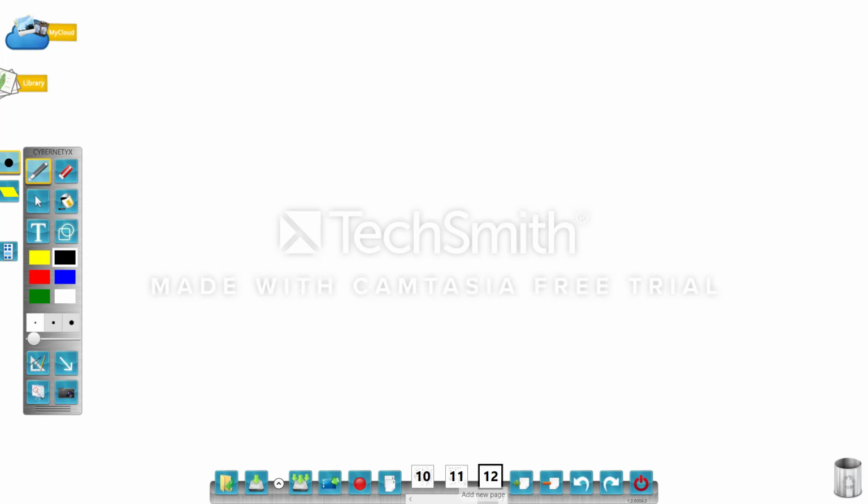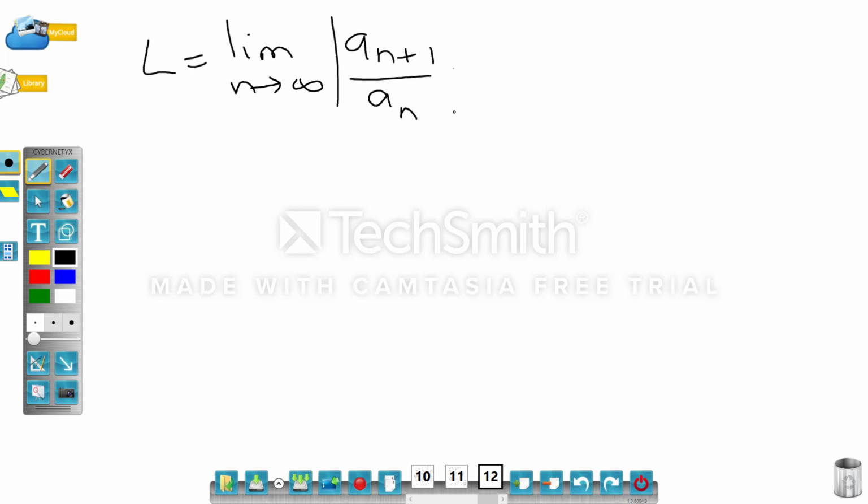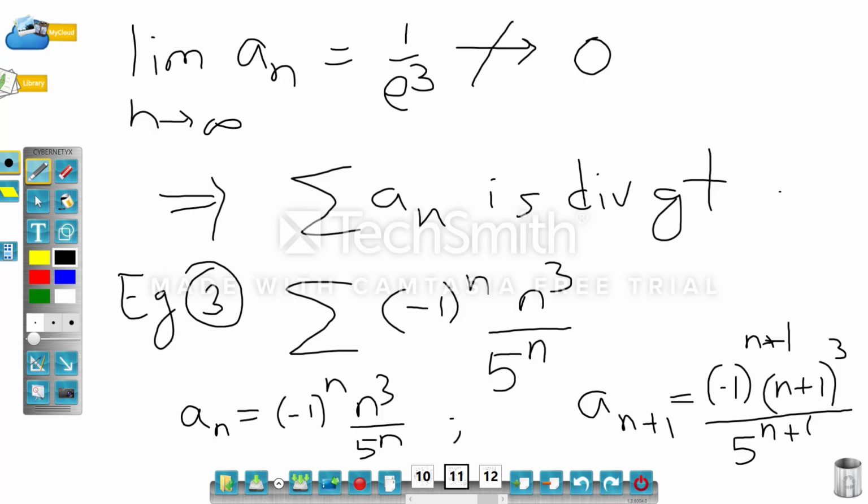Is it okay? So let's find out the limit L, which is equal to the limit as n goes to infinity of modulus of a_(n+1) upon a_n, which is the same as the limit as n goes to infinity of the modulus of (-1) raised to n plus 1 over (-1) raised to n.